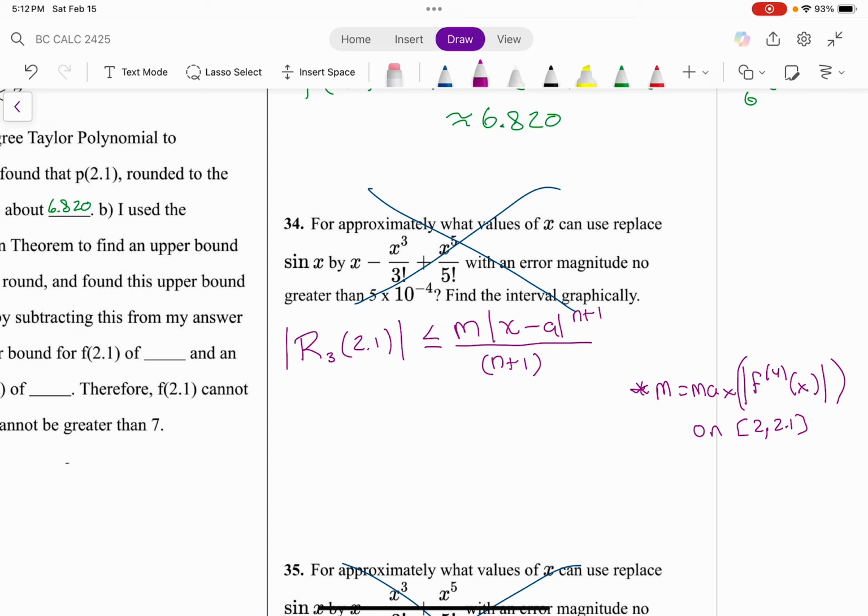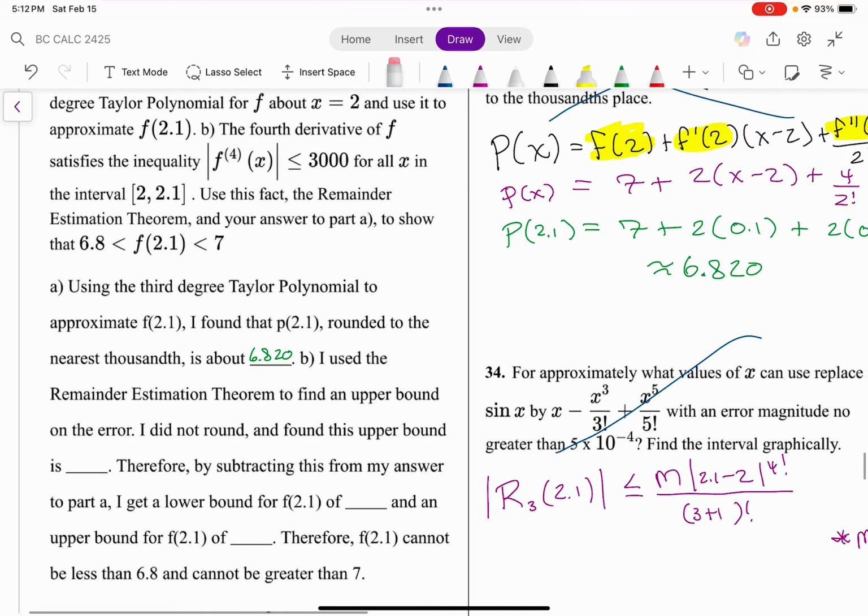Okay, so if our n is 3, then I put 3's in. So this becomes a 4 up here. Our x is 2.1, and the center is 2.